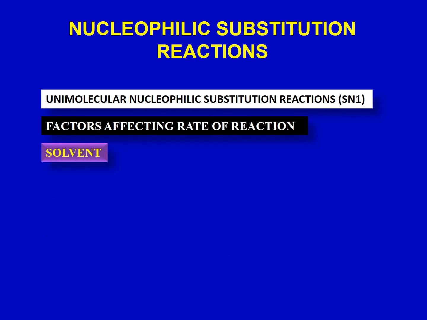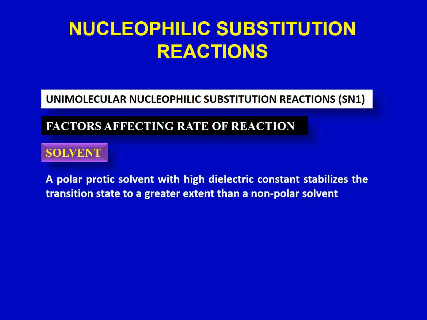The second factor that affects the rate of reaction is the solvent. If we have a polar protic solvent having a high dielectric constant, it will stabilize the transition state. Which transition state? The first transition state.